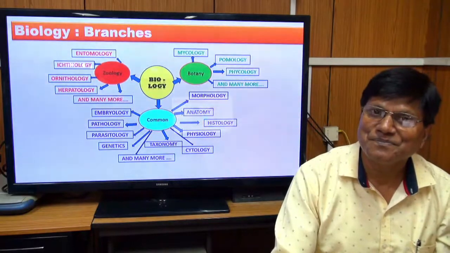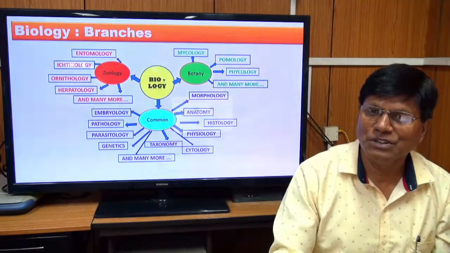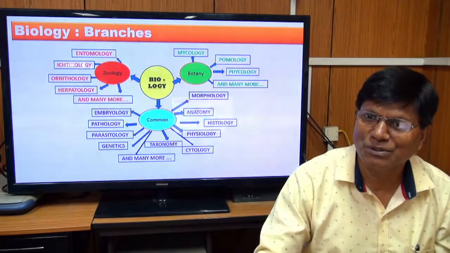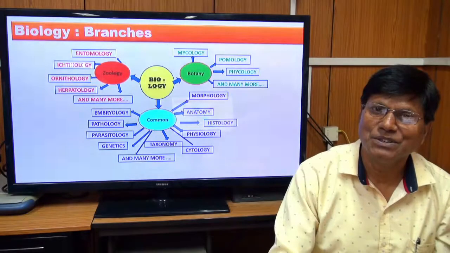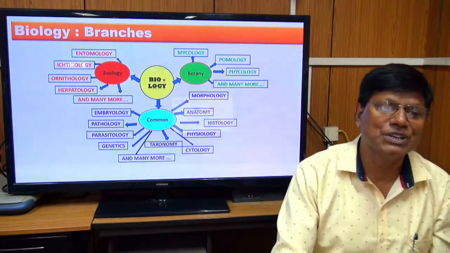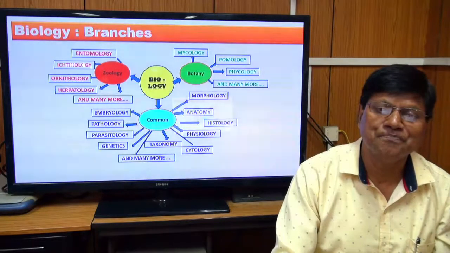Herpetology, can you tell? The living organisms which travel on their belly, like lizards and snakes. So the study of snakes and lizards comes under herpetology.